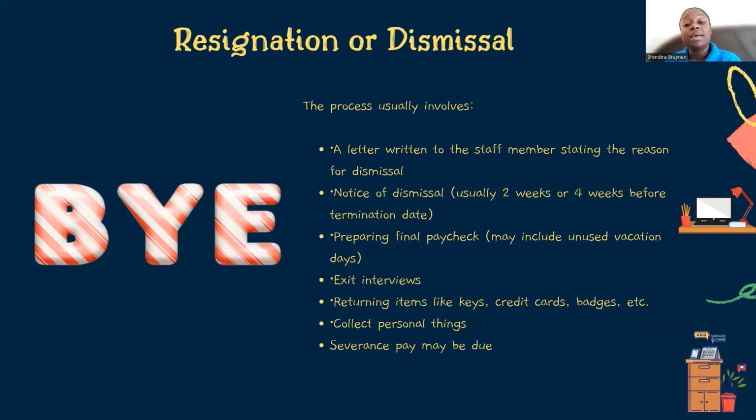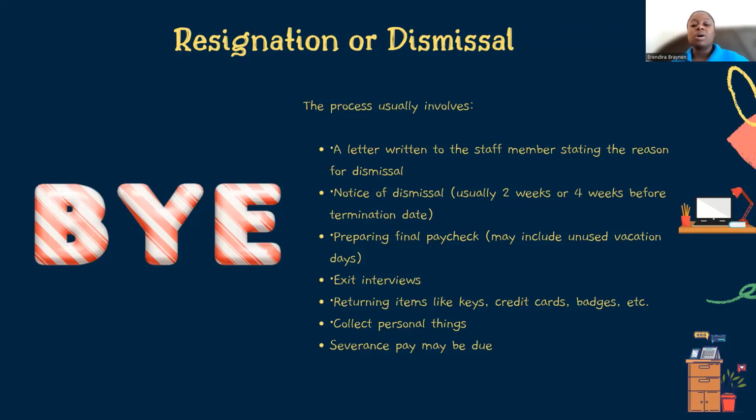If staff are dismissed, however, that's the opposite end of the company letting the staff go. They're not dismissing themselves, and so when there's dismissal, that normally involves the HR department interviewing and talking to the staff, letting them know that they have to let them go.